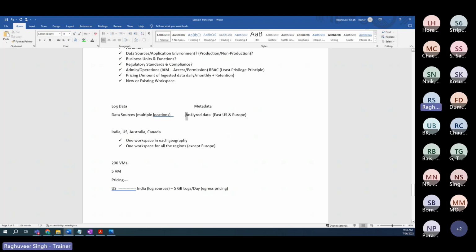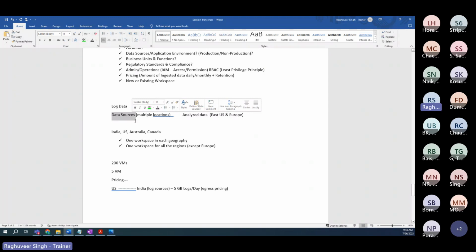And then comes the analyzed data. Analyzed data has no relevance as long as there are no regulatory restrictions. Because for analyzed data, Sentinel will not charge you. The metadata that it stores in US or in Europe, there are no charges for it. That is included in the Sentinel services. So there are no charges here, but there are charges here.